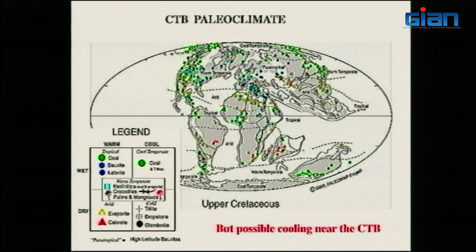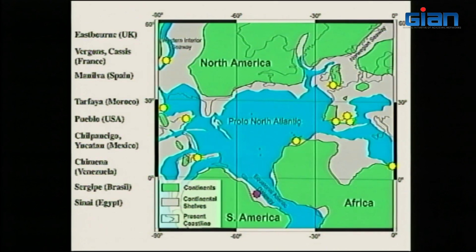We have some warm temperate, tropical conditions, and sometimes a little bit of aridity, so you can have this kind of fluctuation. So we have here some very important clues: increasing runoff at the onset of the perturbation, increasing phosphorus, a maximum of kaolinite, a maximum of humidity at the onset of the perturbation.